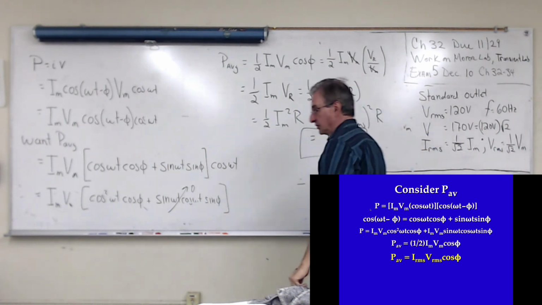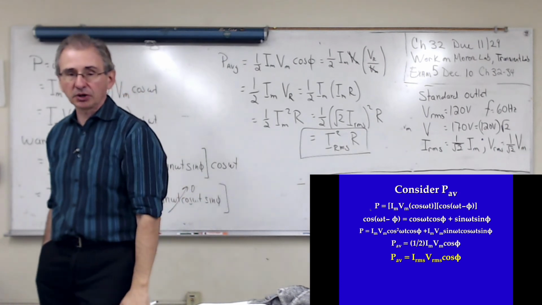That's the average power loss in a cycle. I squared RMS times R.